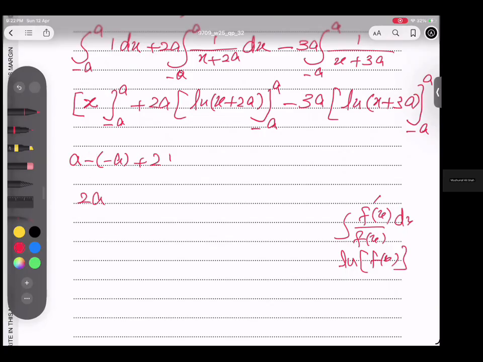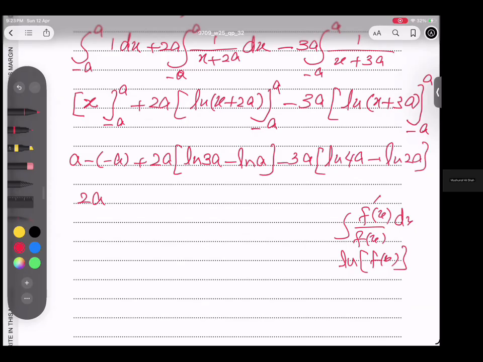What about this, students? First I place a here. I'm getting in the bracket log of 3a, minus, when I plug in negative a, log of a. And what about this? When I plug in a in place of x, 3a plus a becomes 4a, minus log of 2a, when I plug in negative a.